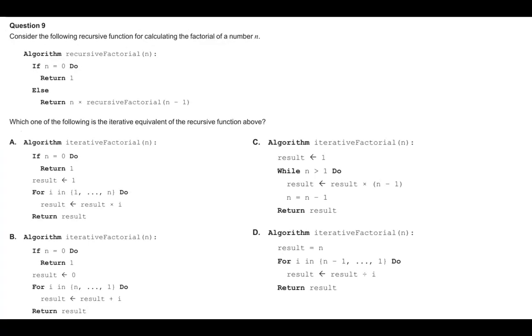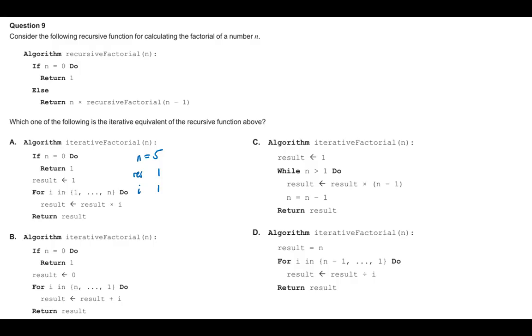Right. Now, this one, we do have to work through these and do like a little trace. So let's call iterative factorial on n equals 5, just to start with. And then we would say, so we've got result is being stored as 1. And then for i in 1 to n, we can do result equals result times i.